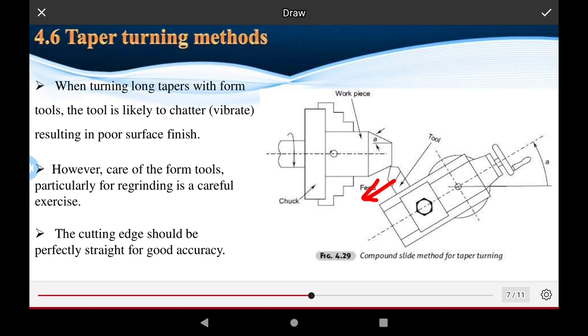The tool point is very sharp, and the cutting edge should be perfectly straight for good productivity of the job and of the plant, and for the efficiency of the machines and other elements of the plant.